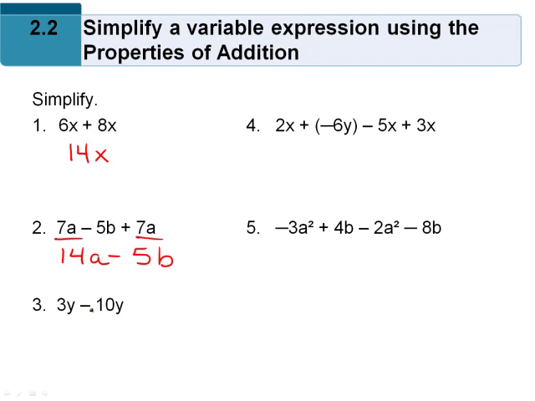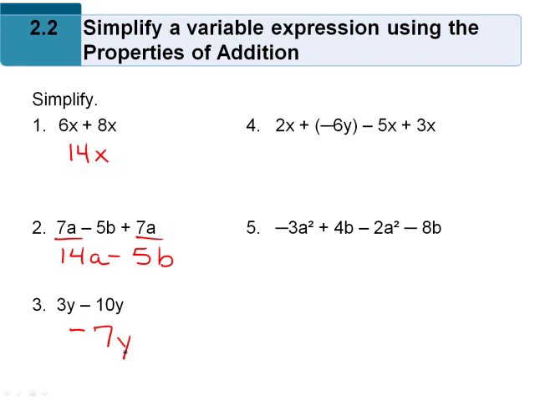That is a negative 10. So even though there's not a plus sign in that problem, you're using your addition rules. You have positive 3 and negative 10. So the signs are different. The rule is you subtract, keep the sign of the larger number. So that would be negative 7y. Okay?